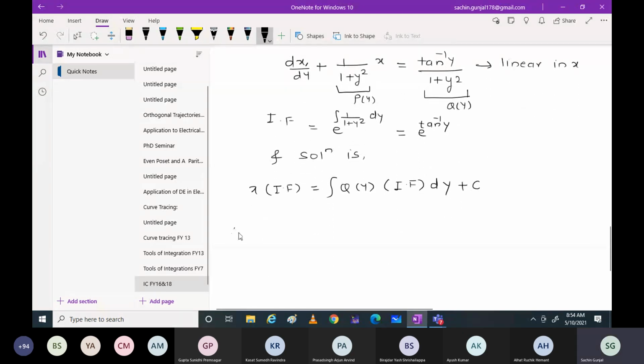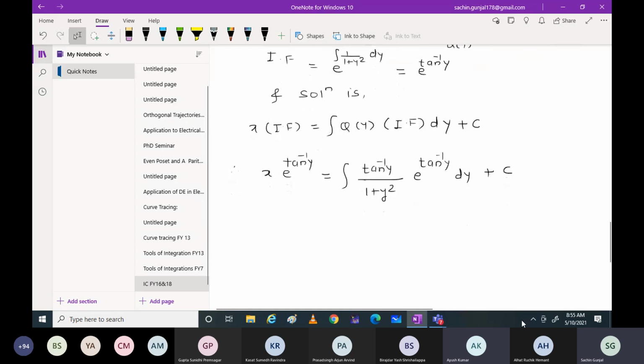So therefore, x into e raised to tan inverse y is equal to integral of q of y, which is tan inverse y upon 1 plus y square, into e raised to tan inverse y dy plus c.